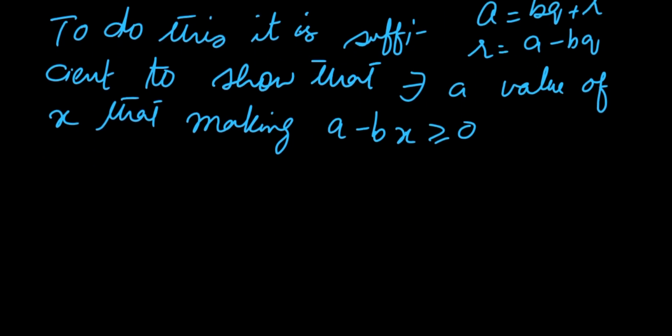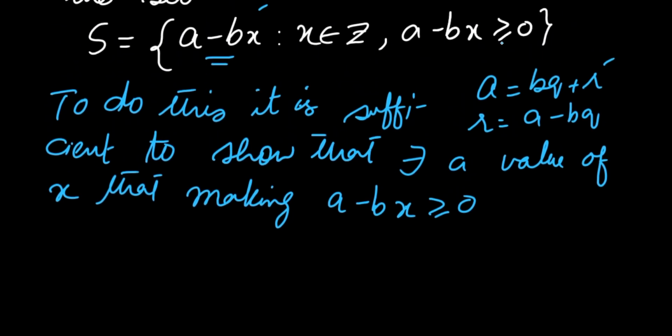Because in this set S, all of the numbers are greater than or equal to 0, so we will find a certain value of x that when we plug that value of x in this expression a minus bx, it should be greater than or equal to 0.